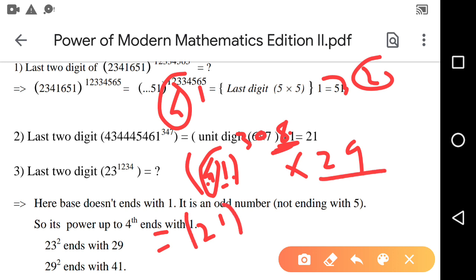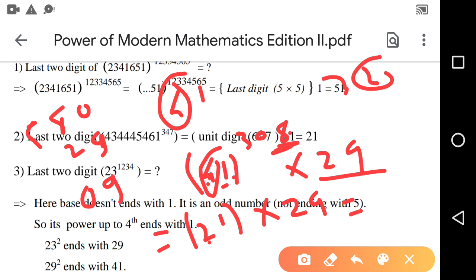Now 21 multiplied by 29: 29 into 20 is 580, plus 29, and this is nothing but 609. So its last two digits are 09.